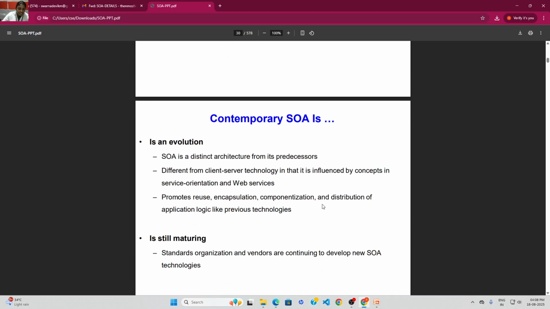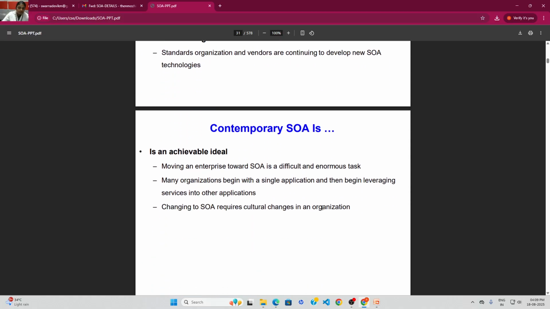And next one, in an evaluation, why is SOA a distant architecture? Because it will be pre-processing the functions in an SOA. And next one, why is it called an achievable ideal? Because moving towards SOA is a very difficult and enormous task.